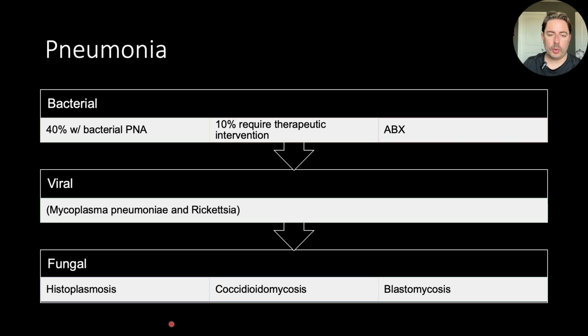When we look at pneumonia, we have bacterial, viral, and fungal pneumonias. 40% occur with bacterial pneumonia. So 40% of the time you will end up with a pleural effusion with a bacterial pneumonia. Only 10% of those, though, need any sort of therapeutic intervention, and what we'd use for those are additional antibiotics.